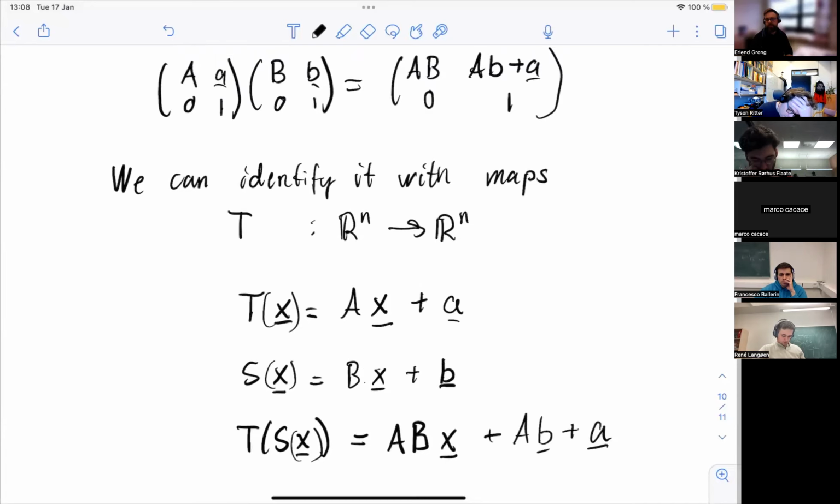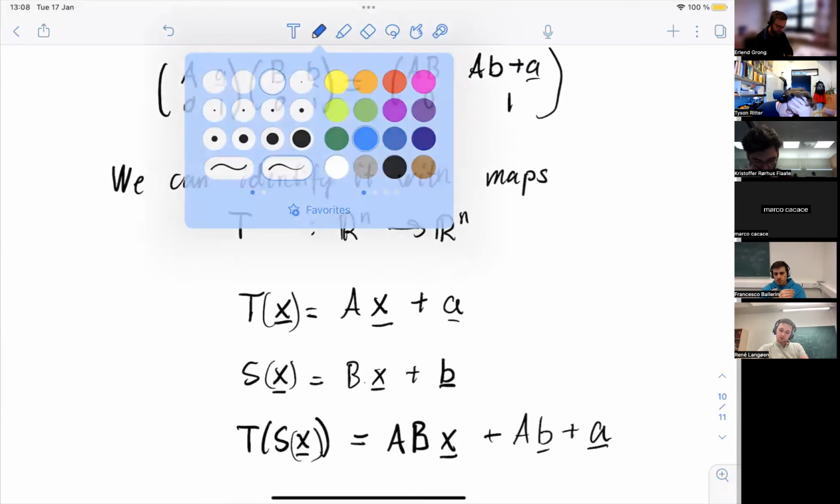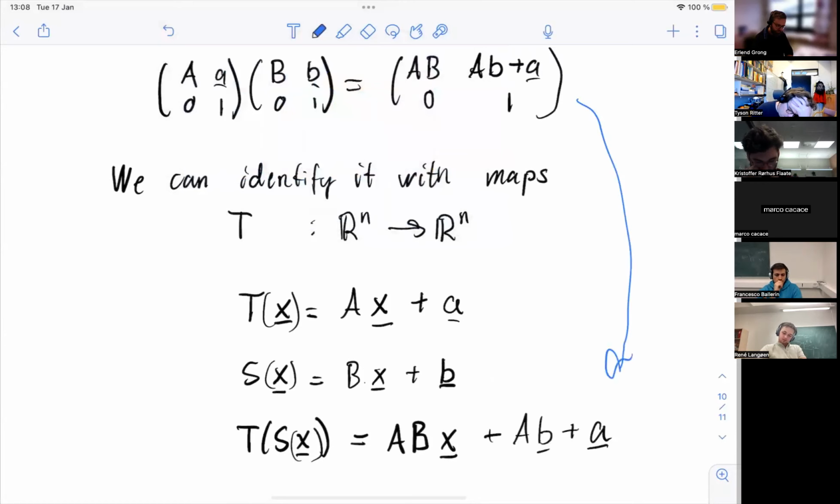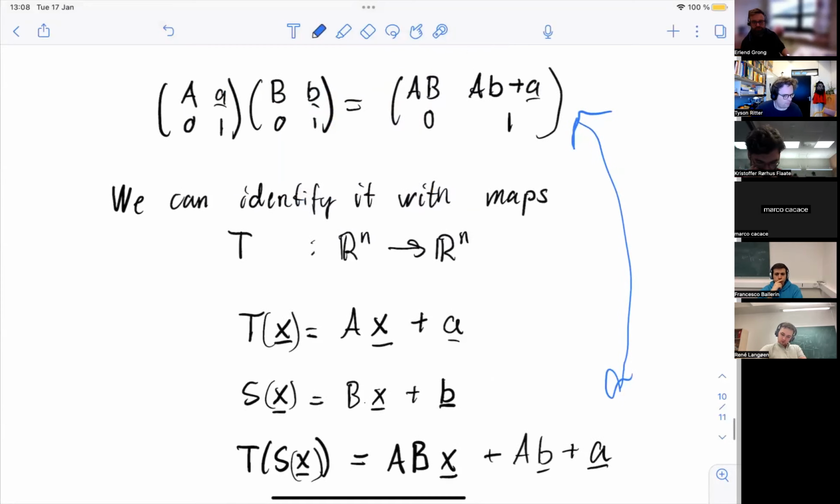So this is exactly the multiplication we have here with matrices. And so I can consider this type of group of matrices as the type of transformations from R^3 to R^3 on the following form here.